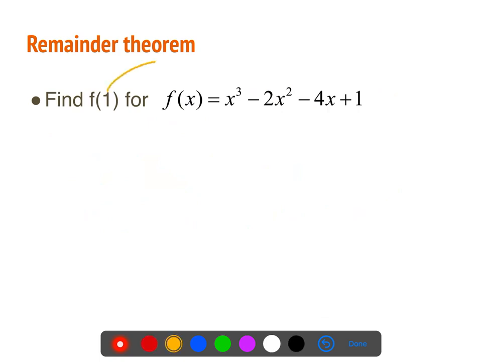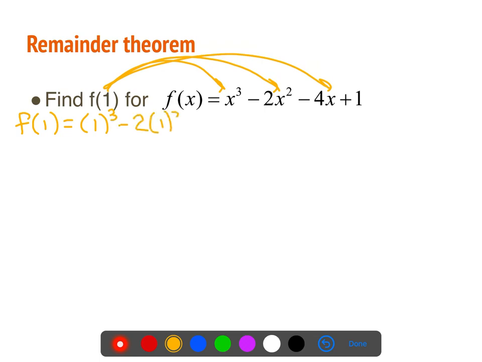So I'm going to use synthetic division because what it says here is it wants me to find f at 1 for this polynomial. Now I did say that what we could do, and I'm going to practice that real quick, is I could plug 1 in for all the x's in the problem. This is like you would have done in Algebra 1.